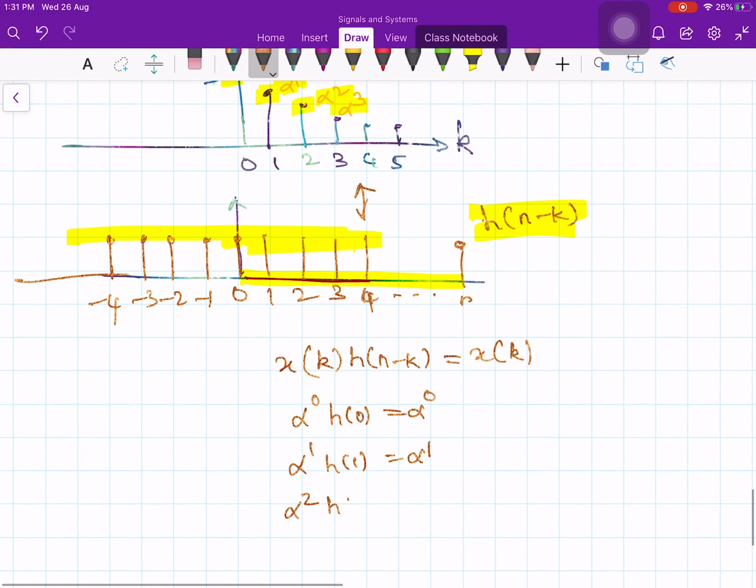So these are all again your x of k only. The h of n minus k disappears because that value is 1, and 1 times anything is the same.